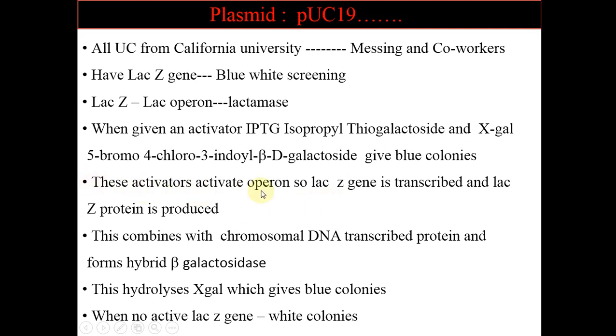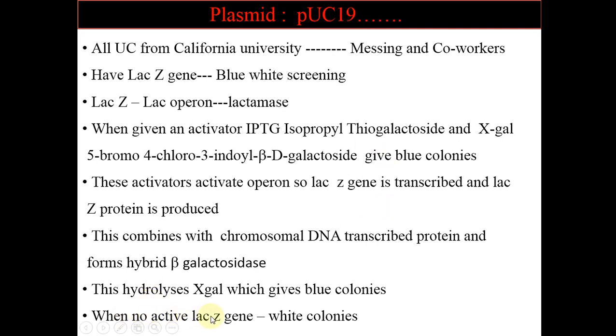This activator activates the operon, so the lacZ gene is transcribed and lacZ protein is produced. This combines with the chromosomal DNA transcribed protein and forms hybrid beta-galactosidase. This hydrolyzes X-gal, which is a chromogenic substrate, and releases blue color.